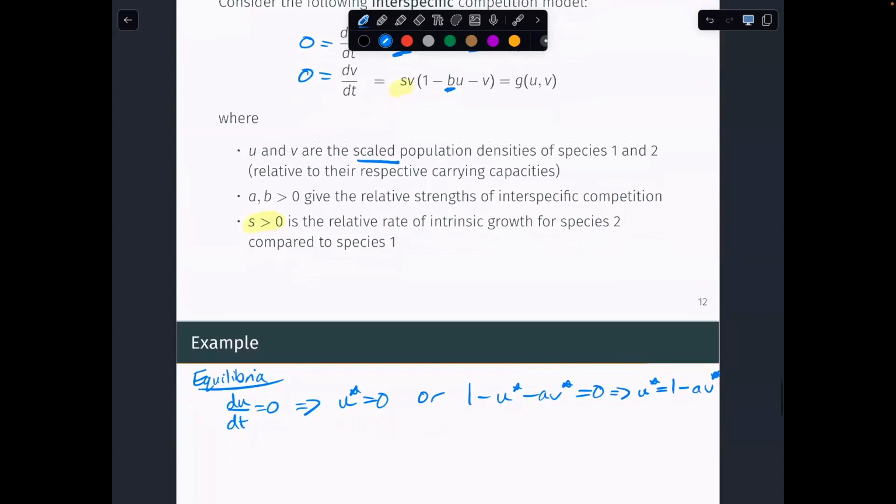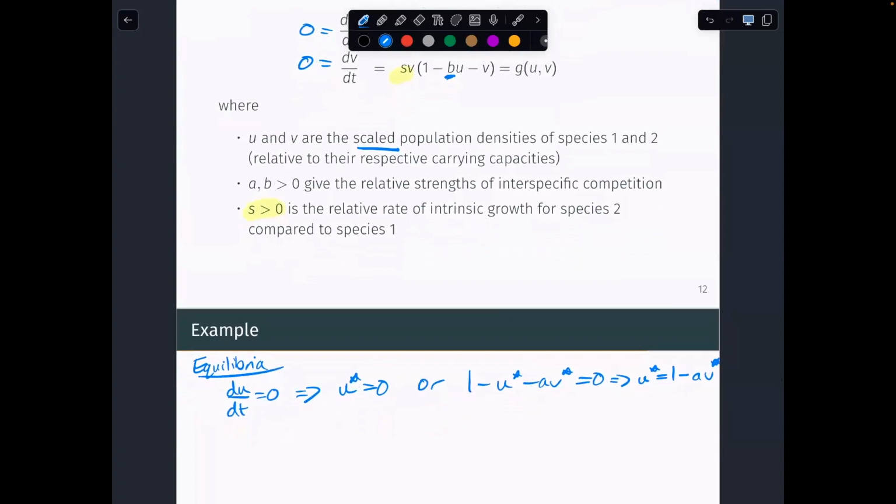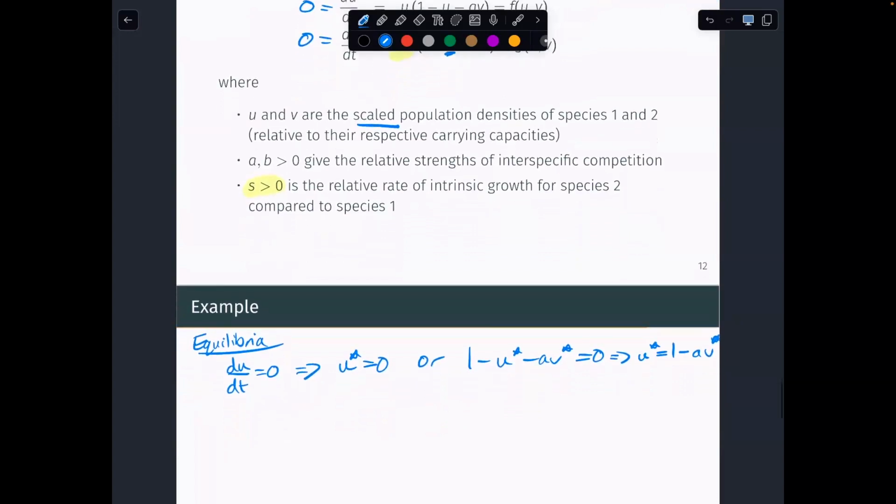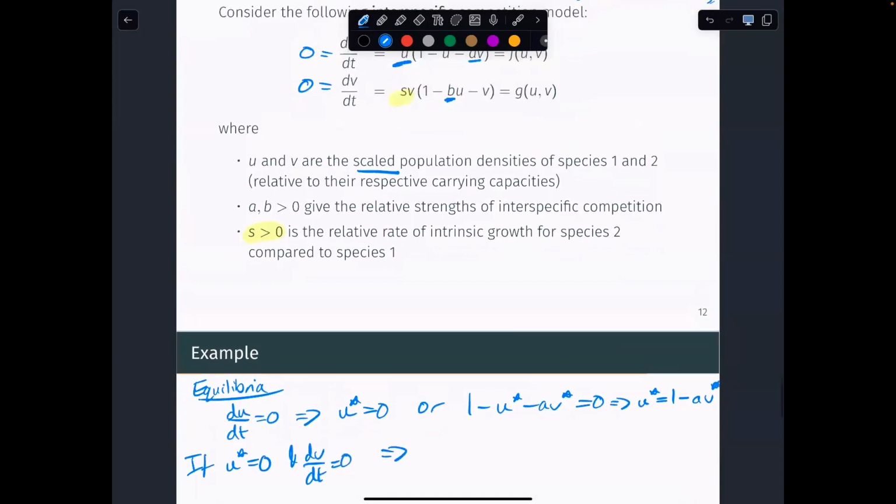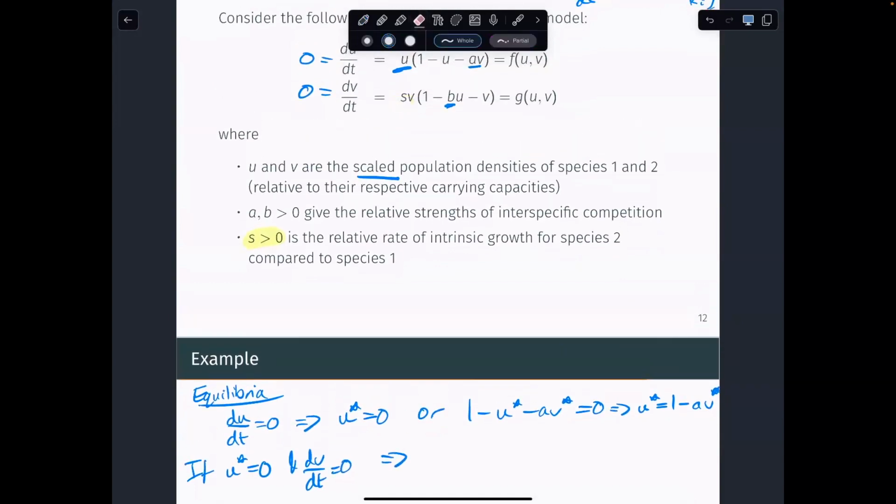And then what I'm going to do is take in turns, first of all, this first case here, and substitute this into the second equation when it's equal to 0. So if u star is equal to 0 and dv dt is equal to 0, that means that for dv dt to be equal to 0, we either need b star to be equal to 0.